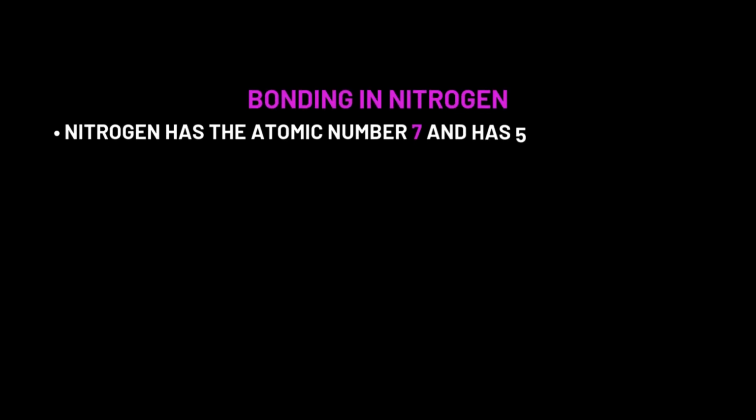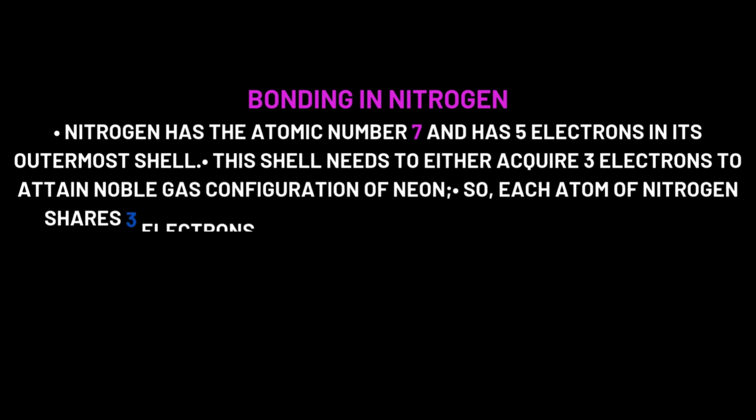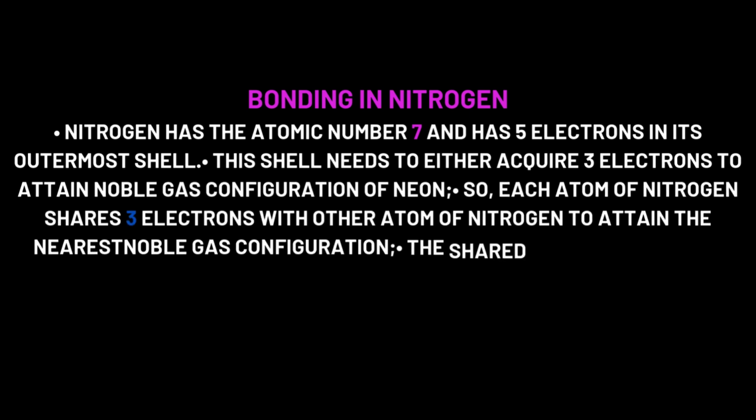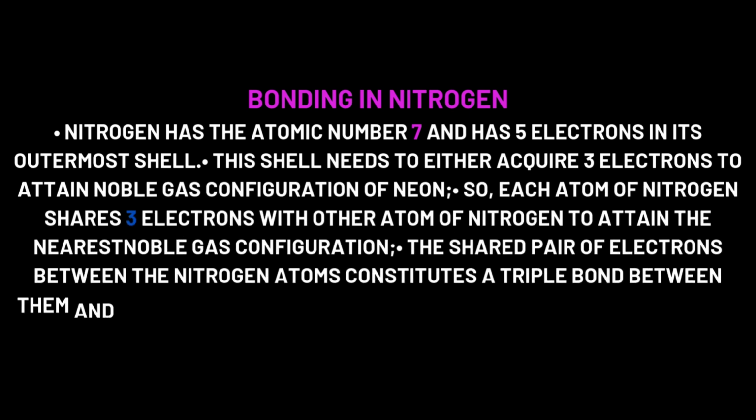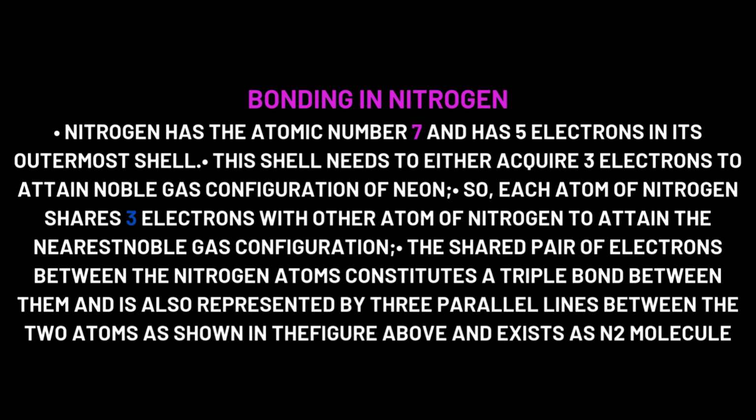Bonding in nitrogen. Nitrogen has the atomic number 7 and has 5 electrons in its outermost shell. This shell needs to acquire 3 electrons to attain the noble gas configuration of neon.